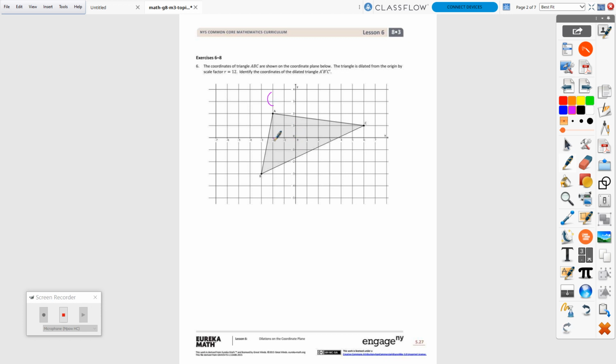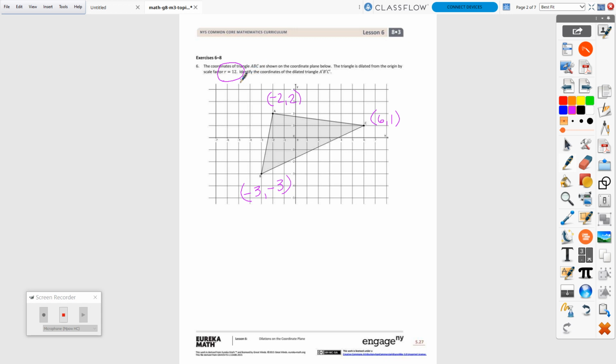So A is (-2, 2), and C is (6, 1). And our letter B is (-3, -3). So those are the points we have to work with. And now we're going to use that scale factor of 12.